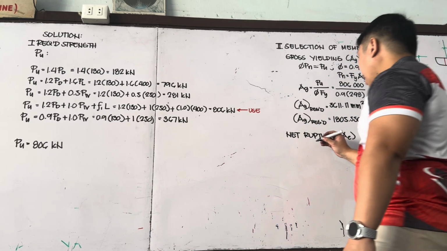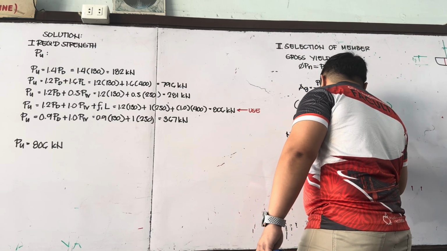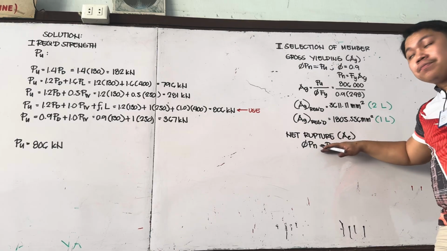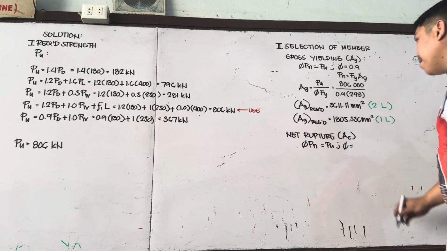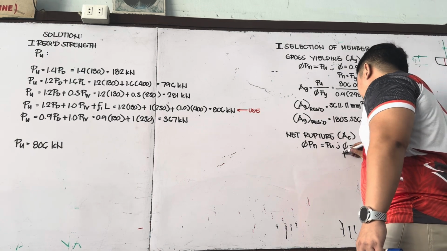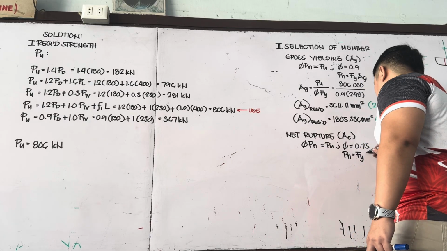Okay, so PPN should always be equal to our PU to produce the most economical nga member. Okay? So ang aton nga phi for net rupture, ano gani? 0.75. Kaya ang aton nga PN is equal to FU AE.